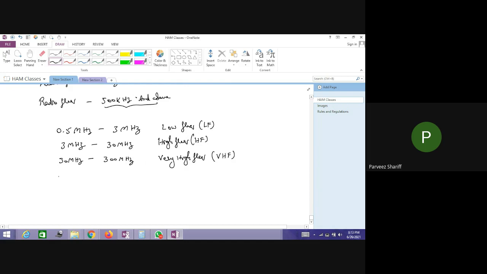So then 300 megahertz to 3000 megahertz, or this is also called as 3 gigahertz. So this is ultra high frequency, which is UHF.